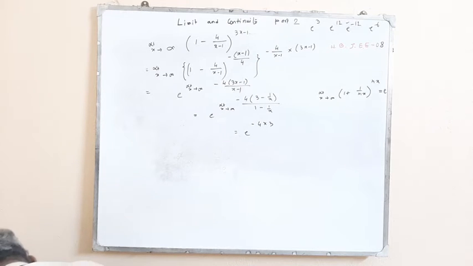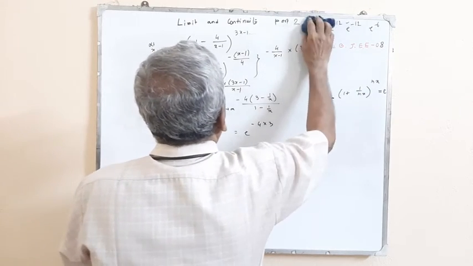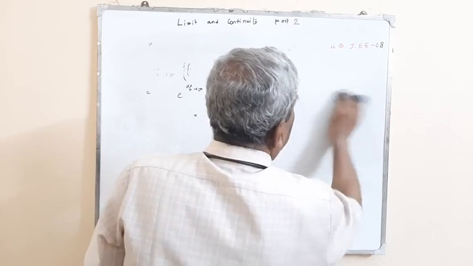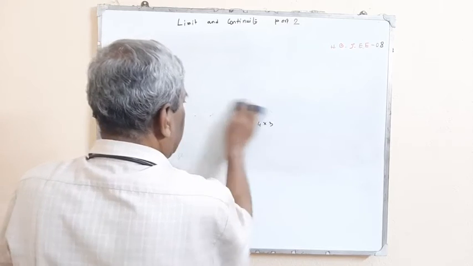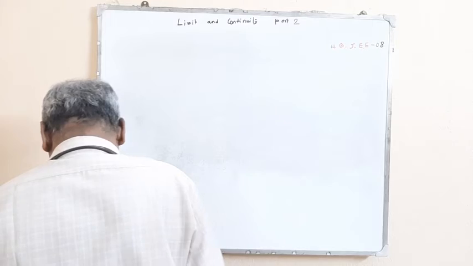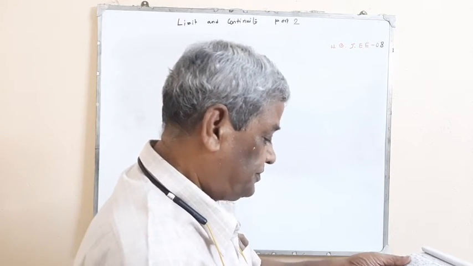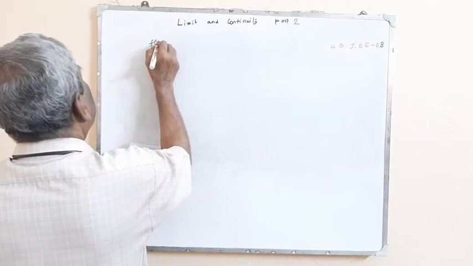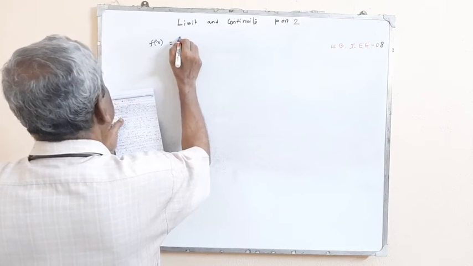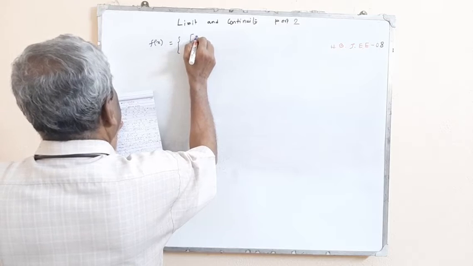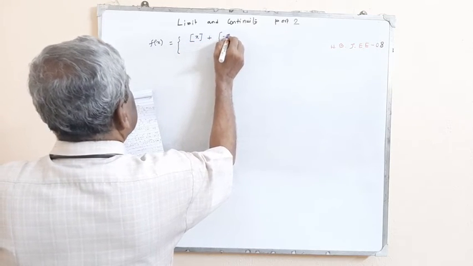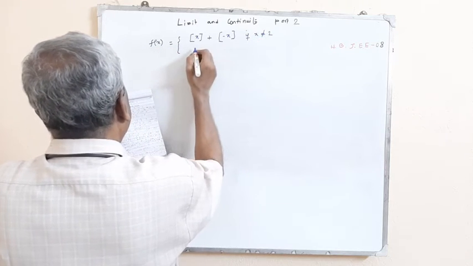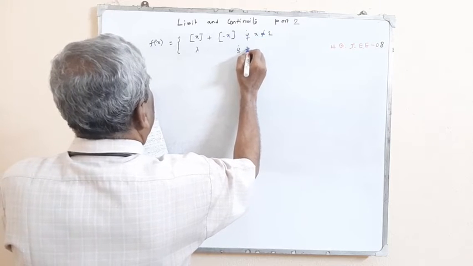Next problem. f(x) is equal to box x, the integral part of x, plus box of minus x if x is not equal to 2, and f(x) is equal to lambda if x is equal to 2.